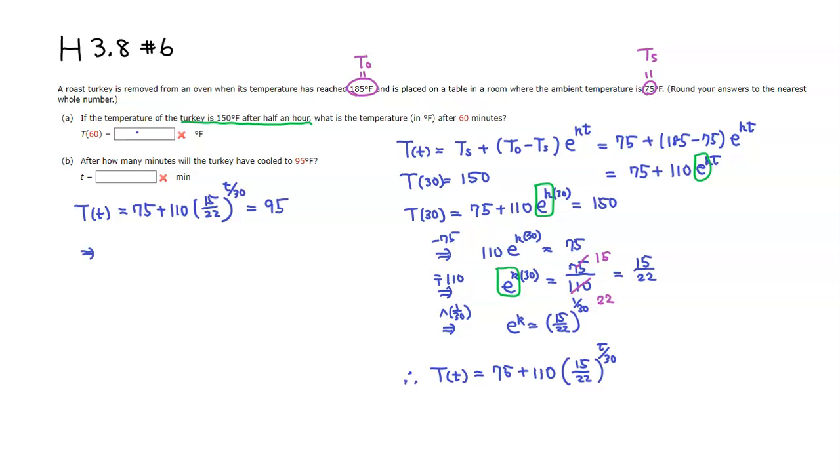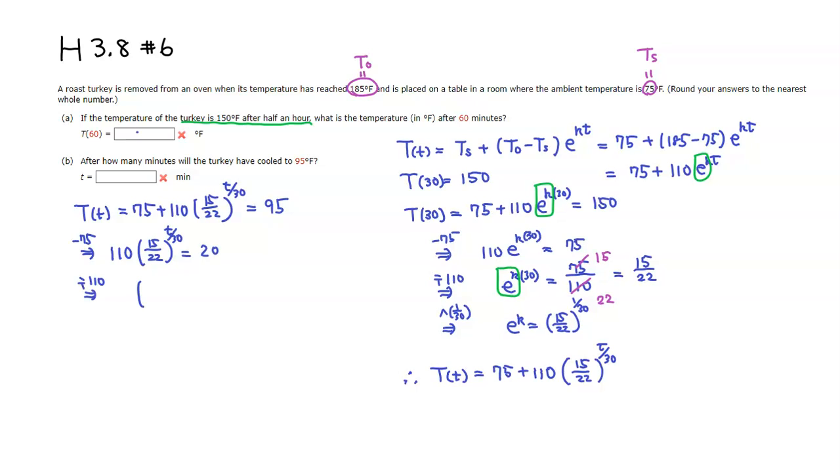All right, subtract 75. So we have 110 times 15 over 22 raised to the t over 30, and then 95 minus 75 is 20. Then we can just divide through by 110.